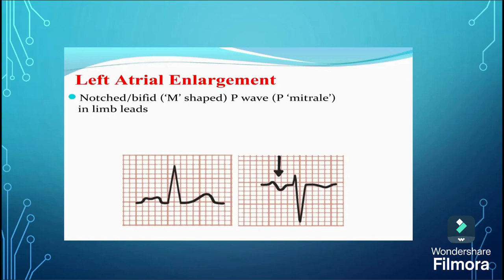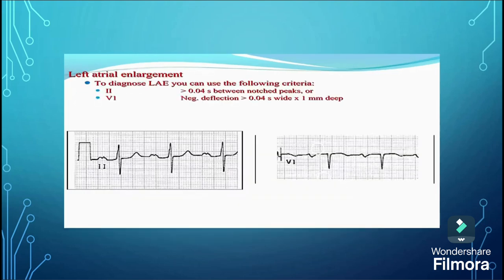Here you will see the biphasic or bifid or notched or M-shaped P wave, which is called P mitrale. This is biphasic, you can see, or bifid. And here you can see the notched M-shaped P waves.